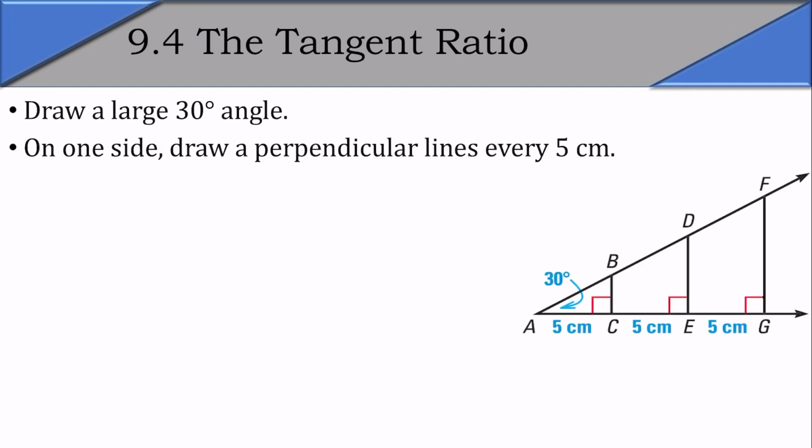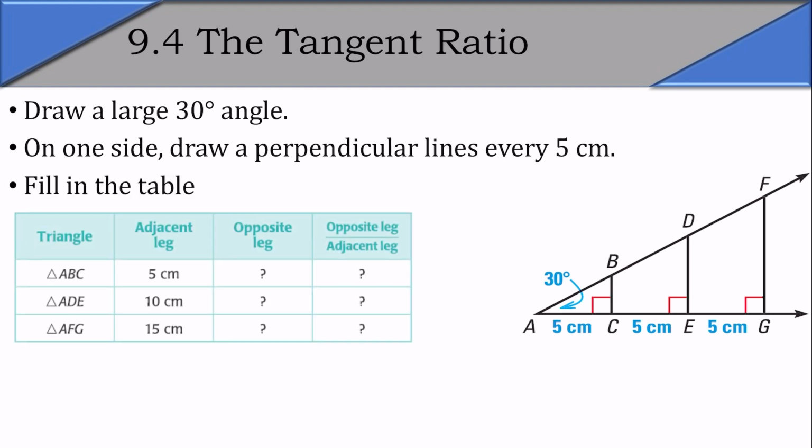I'm going to draw a large 30-degree angle and put perpendicular lines every 5 centimeters. Now I measure the opposite legs. The opposite legs would be these, because they're the only other legs.